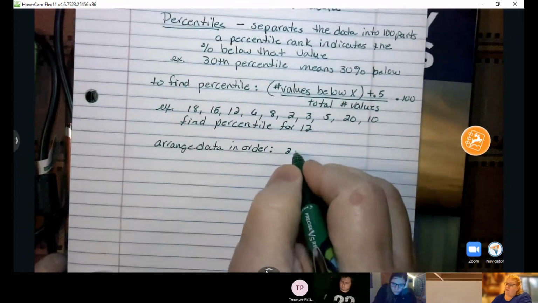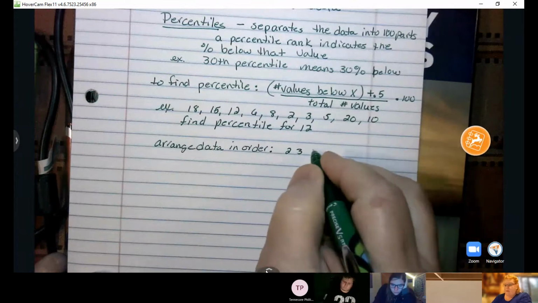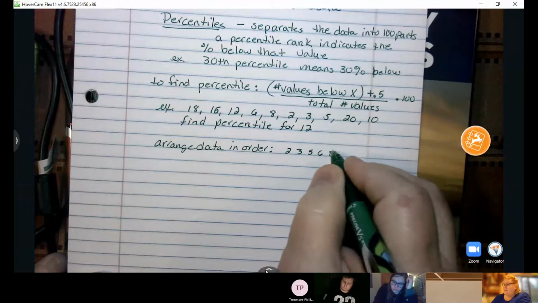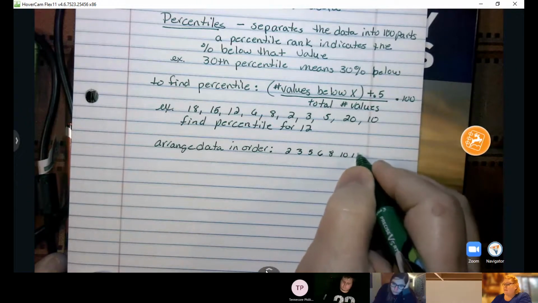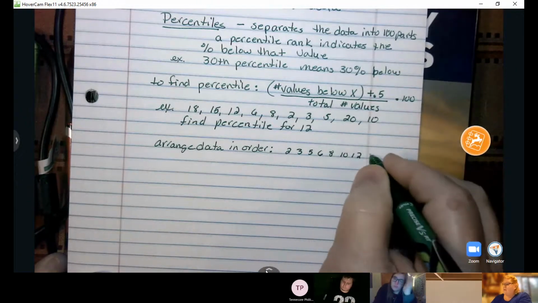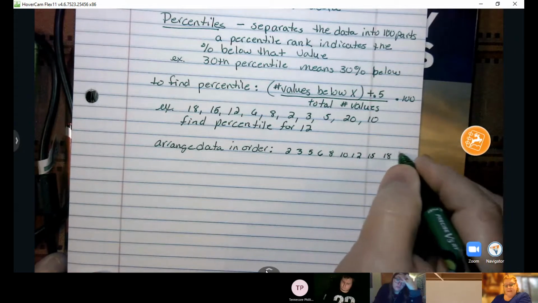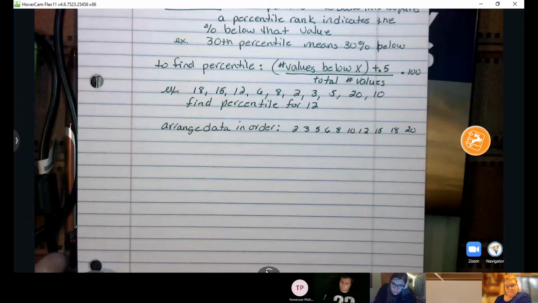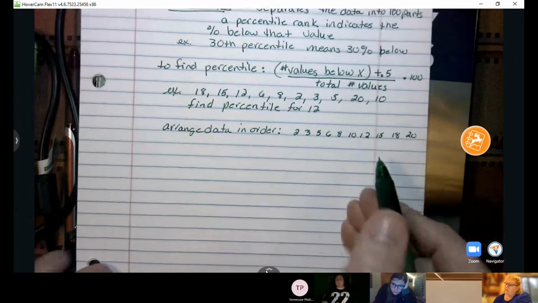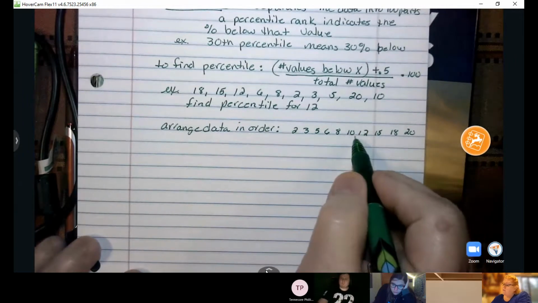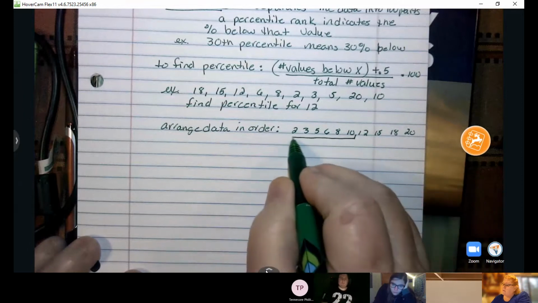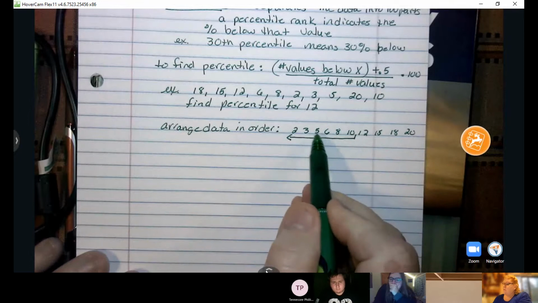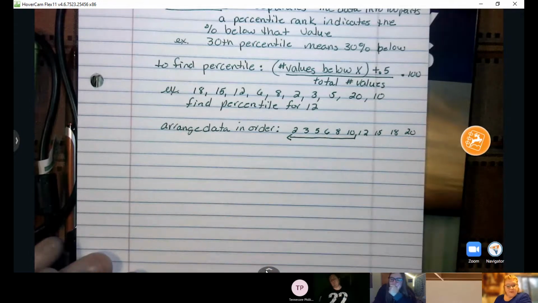So that would give us 2, 3, 5, 6, 8, 10, 12, 15, 18, and 20. How many items are below 12? There are 1, 2, 3, 4, 5, 6 items below 12.